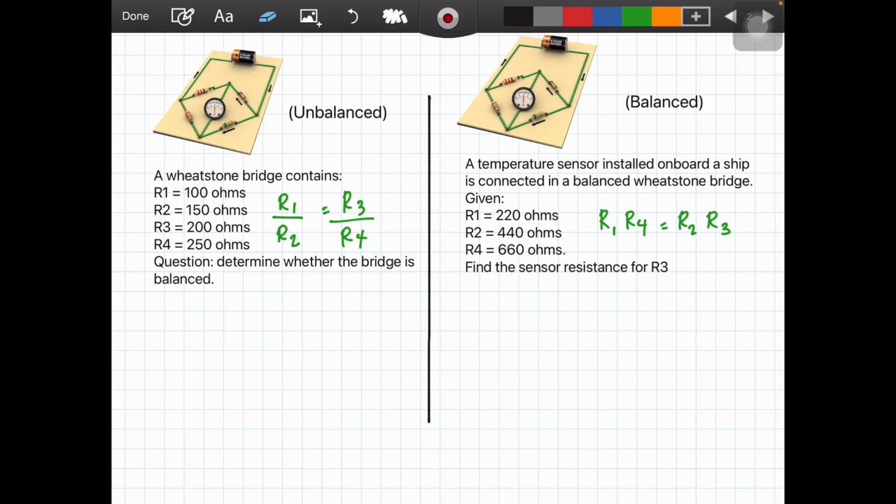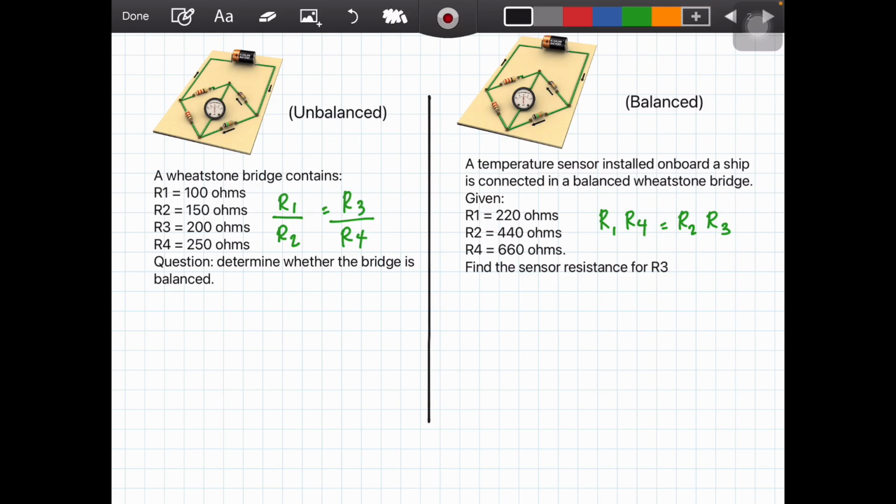Alright, let's start first with the unbalanced Wheatstone Bridge. A Wheatstone Bridge contains four resistors with their values. The only question is, we need to determine if the bridge is balanced. Since we have four given values for the resistors, we don't need to cross-multiply, just like the other circuit at the other side.